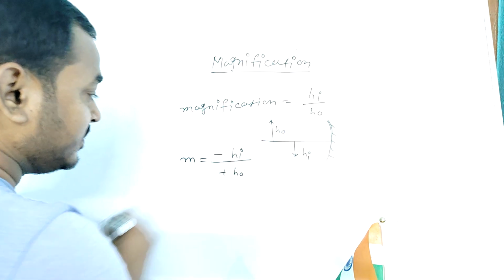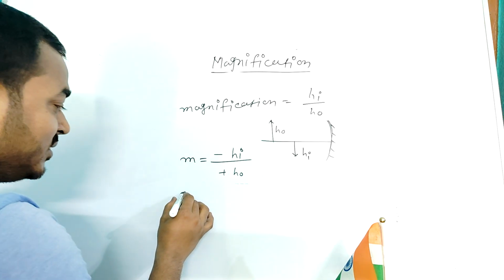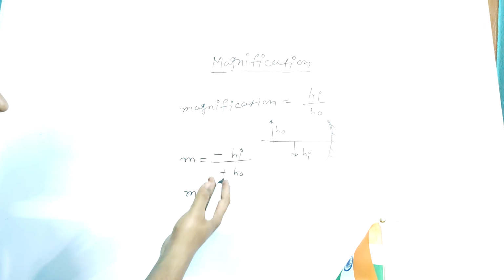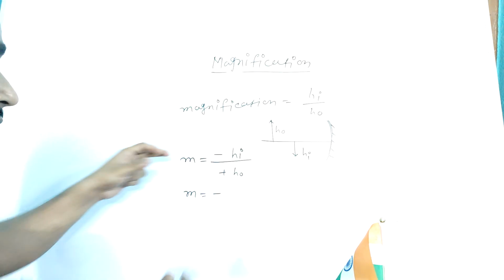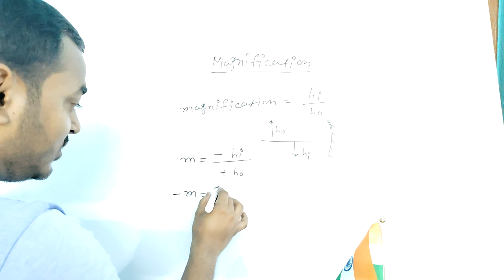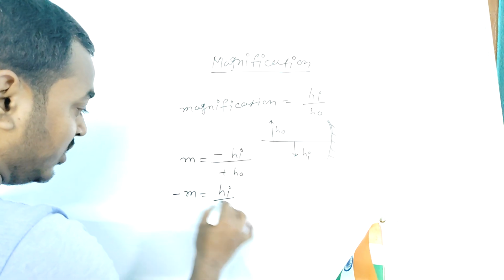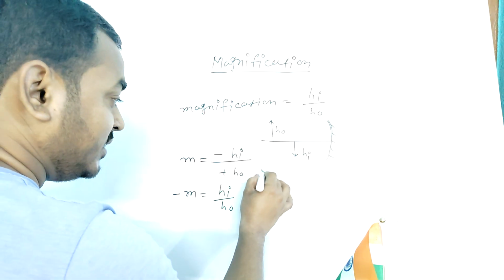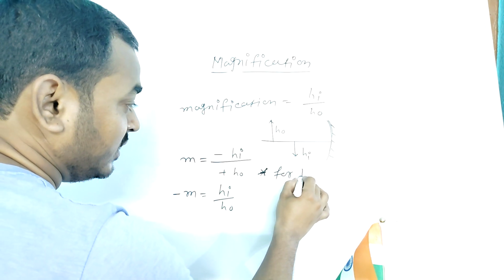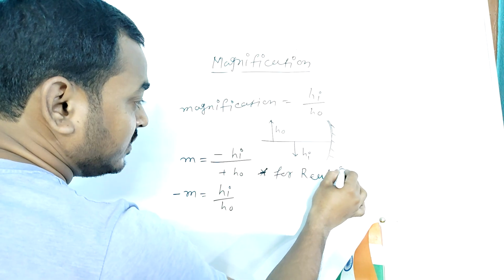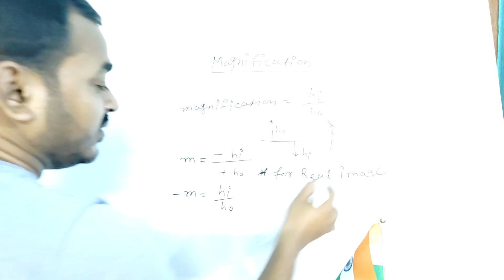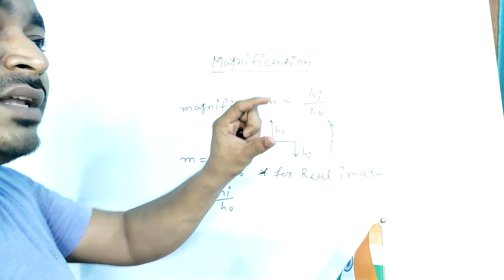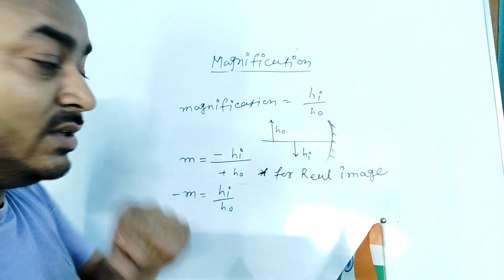So the magnification M we are getting is negative. So height of the image by height of the object, we are getting negative. To remember, write it for real image, magnification negative. So negative value of magnification means the image is real.